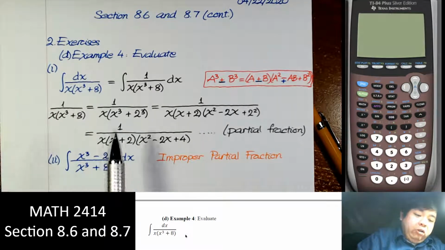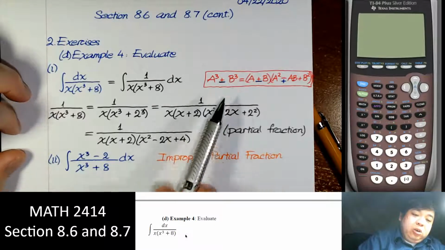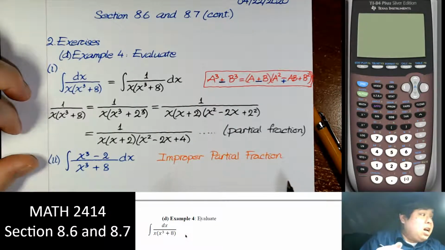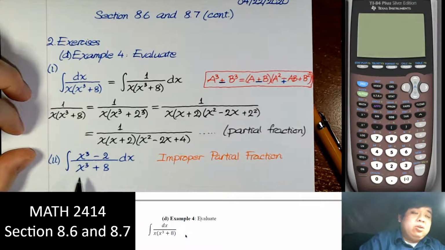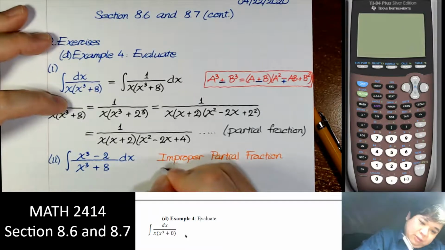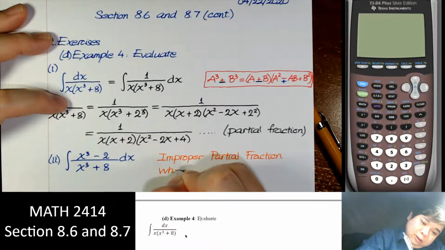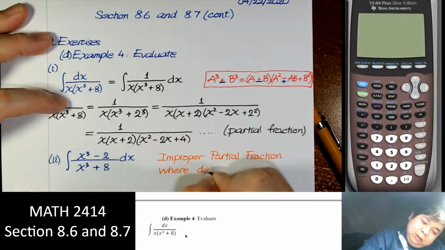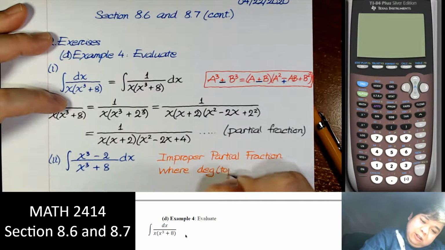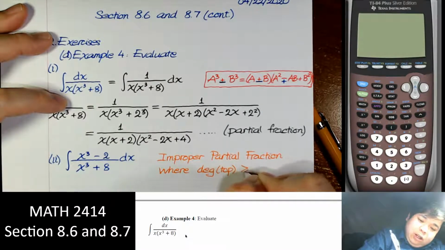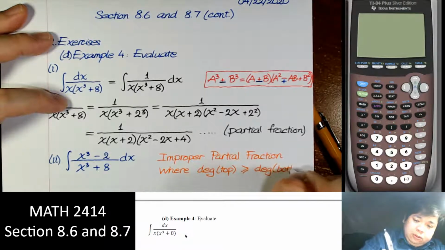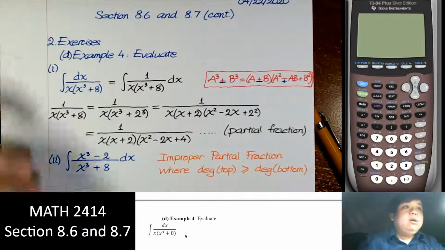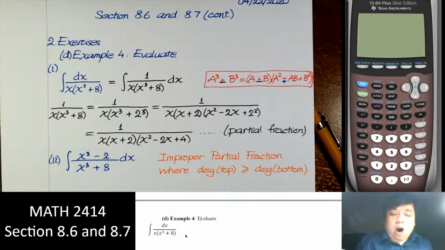Remember, whenever we do partial fraction, the degree on top is always less than the degree at the bottom. This one is equal, where the degree of the top is greater than or equal to the degree of the bottom. In that case, we cannot just do partial fraction like we normally do.